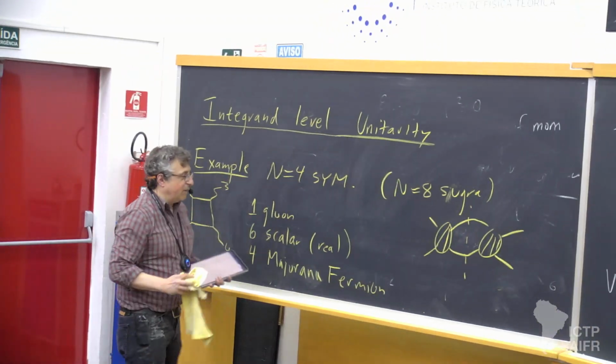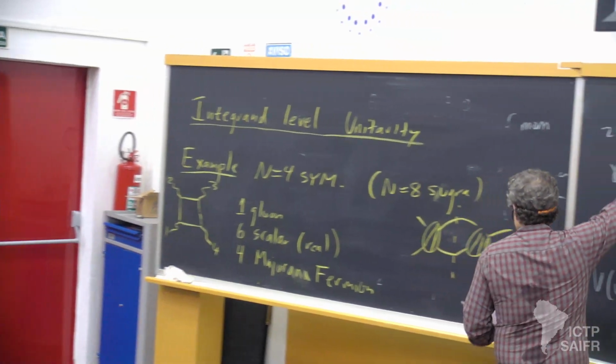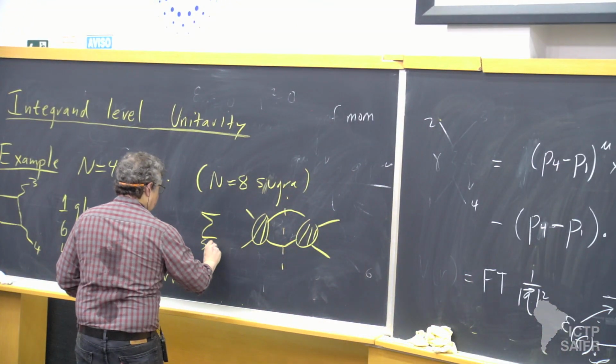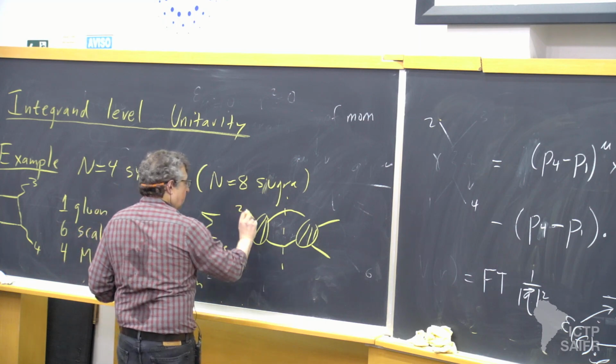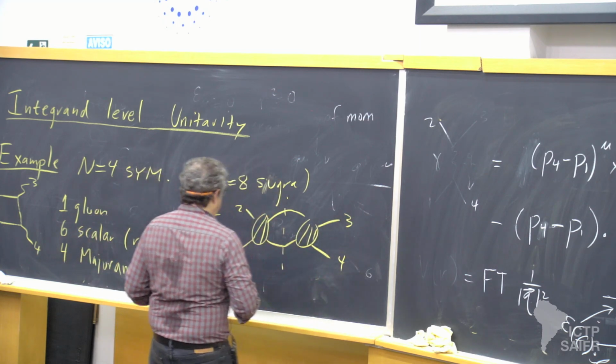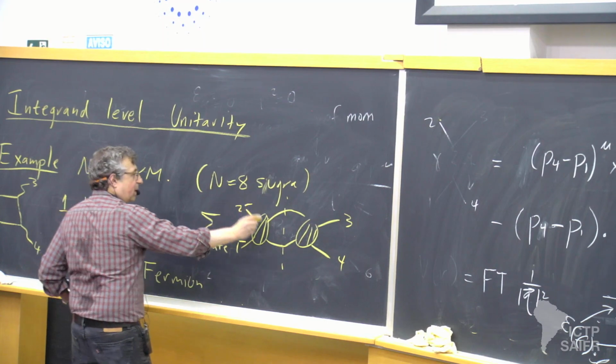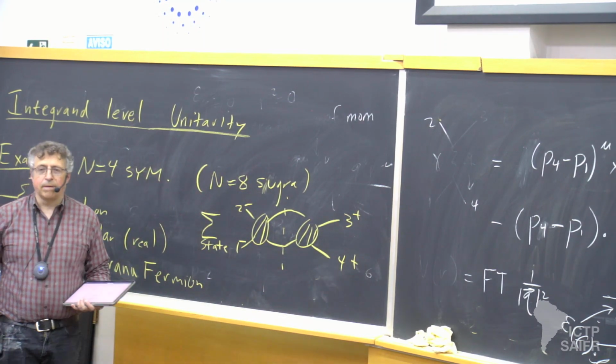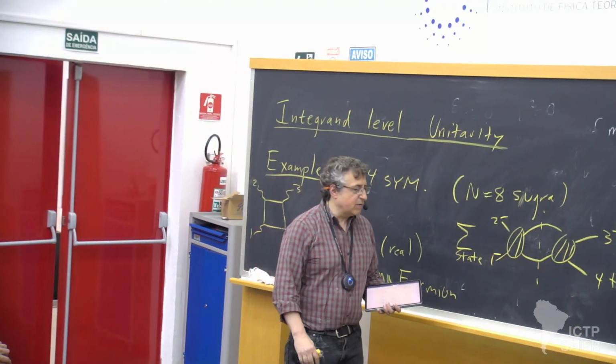So Yaroslav gave us what we need. What we need is the sum over states of this. 1, 2, 3, 4. Okay, let's use helicity. I'll make these minus, minus, plus, plus. So that'll be the first example. And we're going to just follow what Yaroslav is doing.